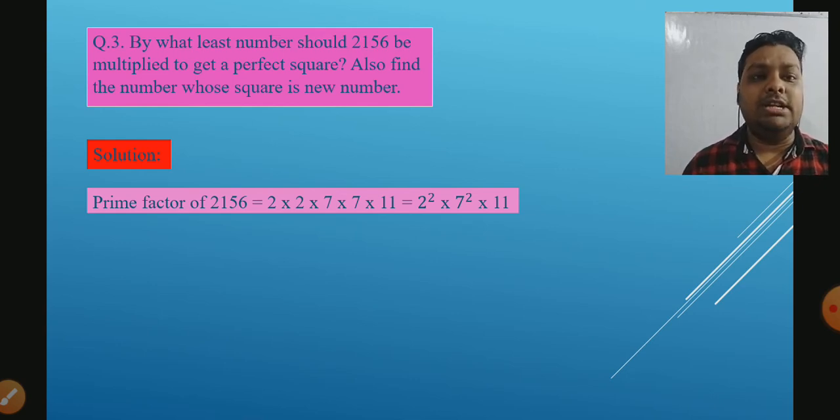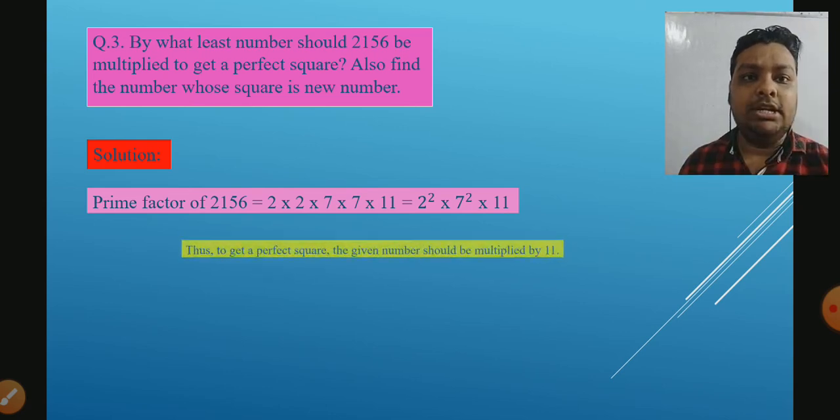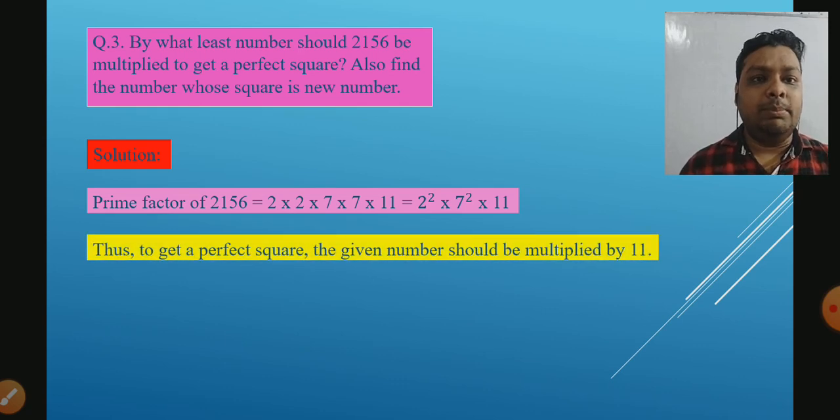It means what is the least number we have to multiply. If there will be another 11, then the given number will be a perfect square. Okay, so the least number should be multiplied by 11. It means to get a perfect square, we have to multiply 2156 by 11. So the least number will be 11.